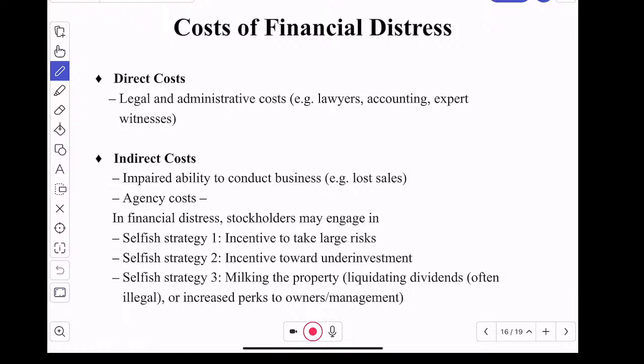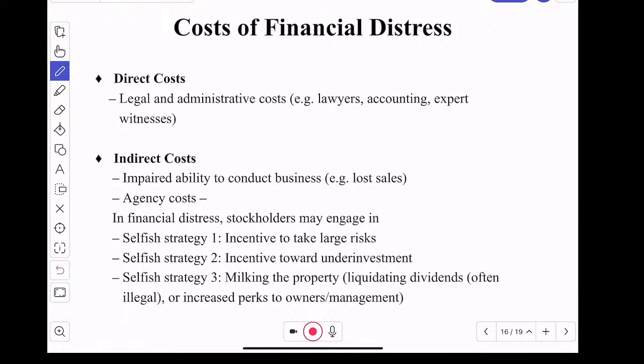There are also agency costs, because in financial distress, stockholders may engage in selfish strategies. They may have an incentive to take large risks, right? Because they imagine, let's just try, what do we have to lose since we might go into bankruptcy? Let's take large risks. And that's not always wise because they're risky.